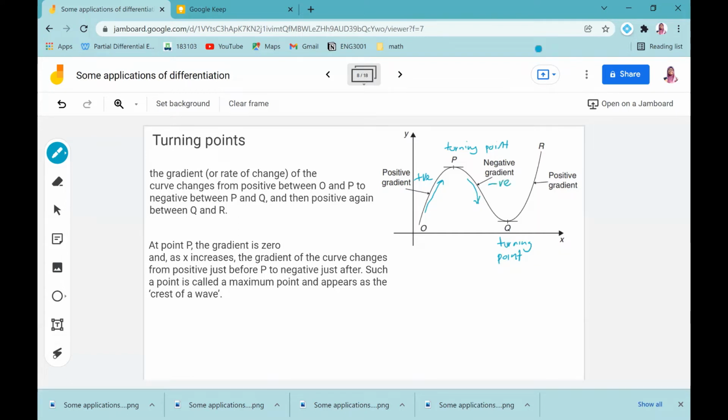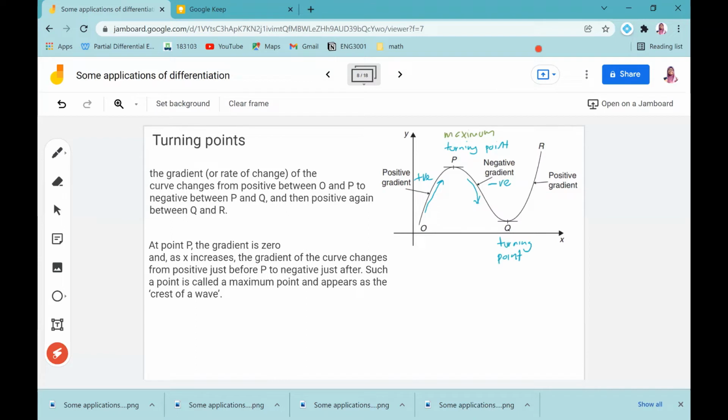From positive to negative, so turning point P is a maximum turning point. It appears like the crest of a wave, the top of a wave.